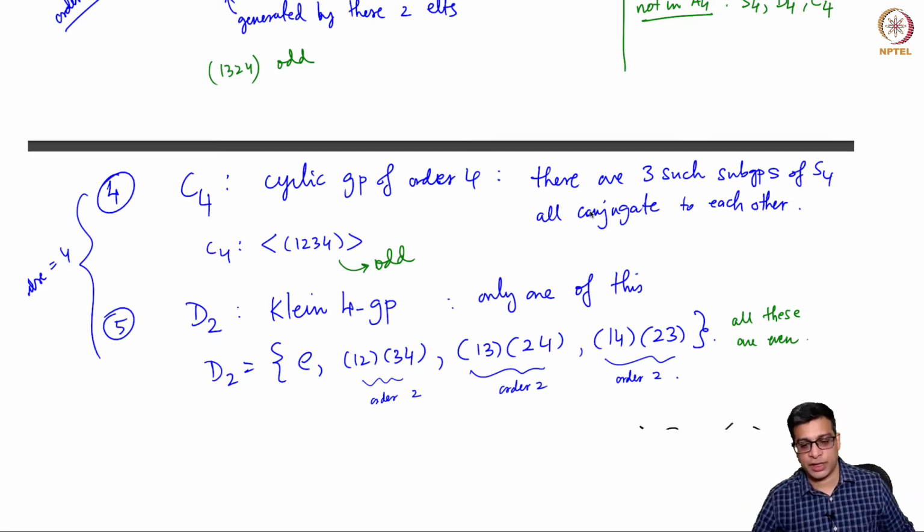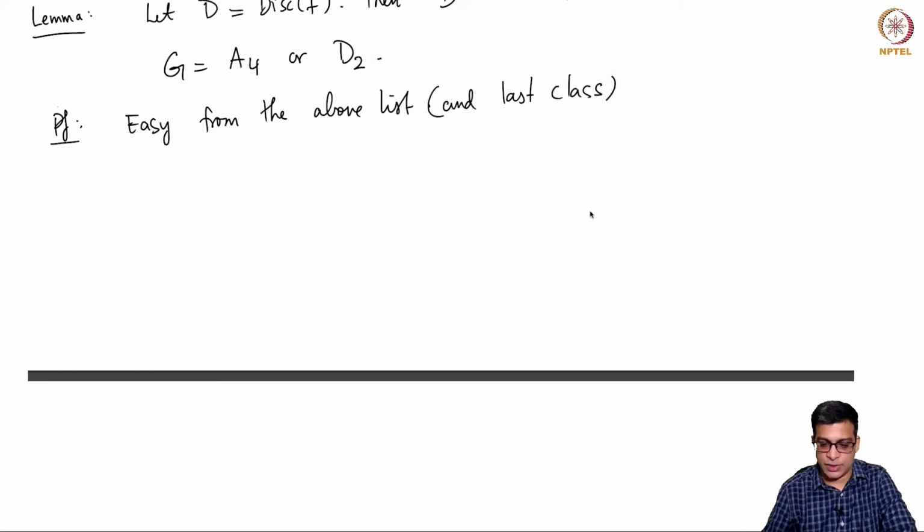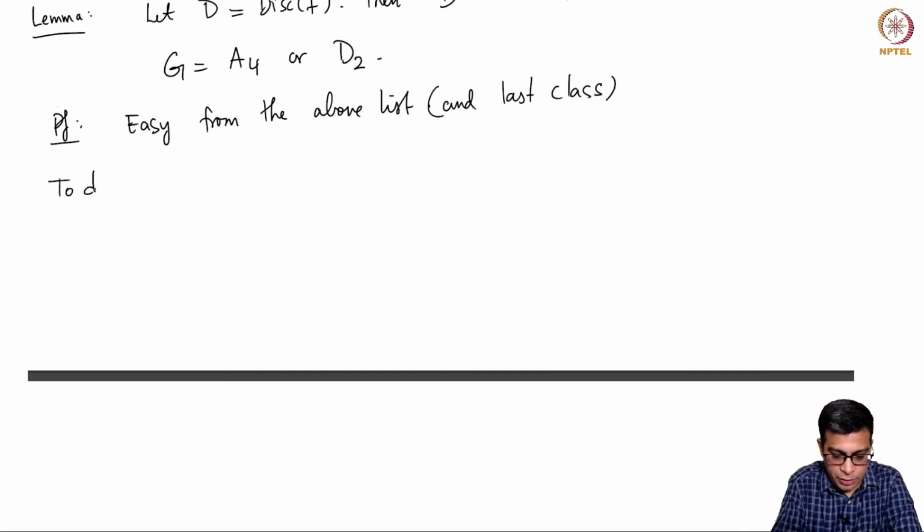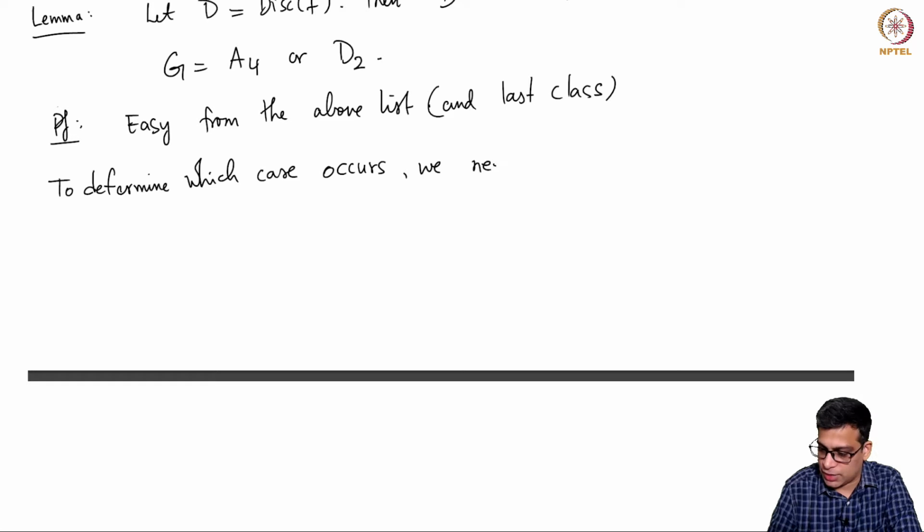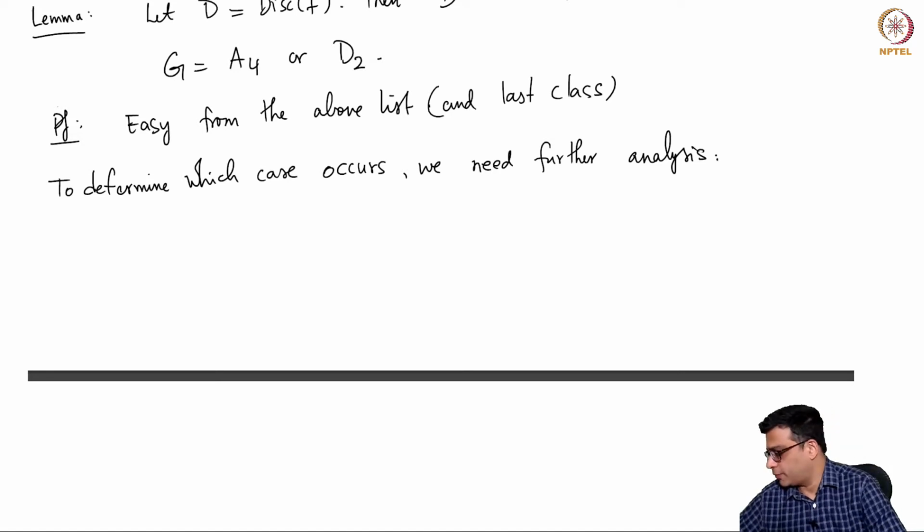So there is no further analysis that is required in degree 3, but to determine which case occurs, we need further analysis. Okay, so we need further analysis, and this is what we do now.